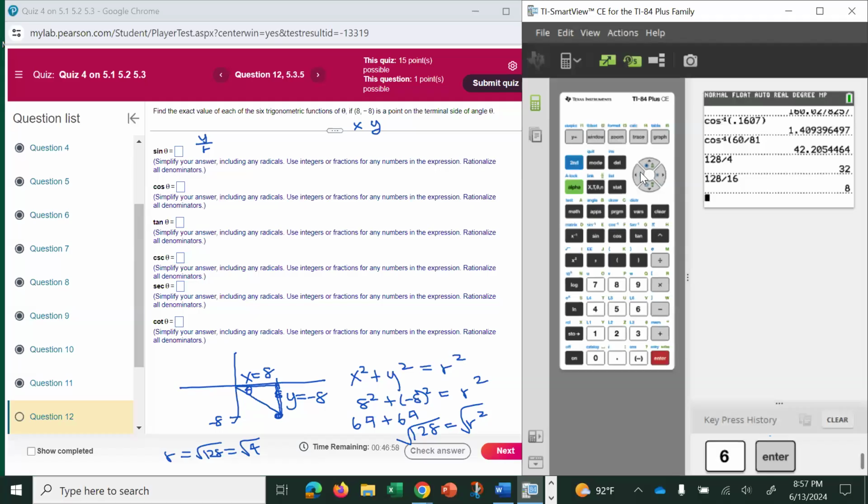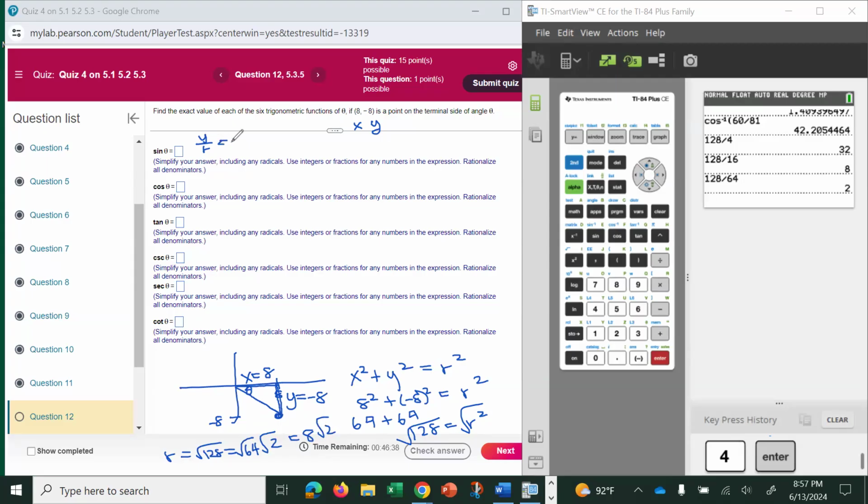Oh, we can actually divide a 64. So 128 divided by 64 is 2. So we could rewrite the square root of 128 as square root of 64 times square root of 2, which is 8 root 2. So I know r is 8 root 2.